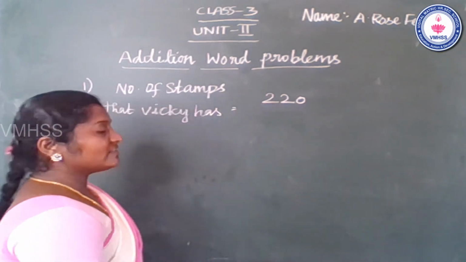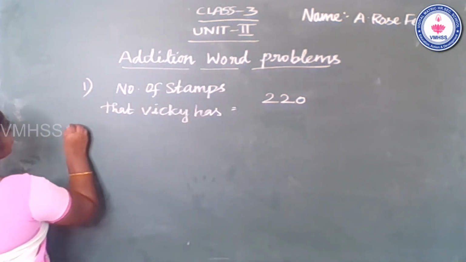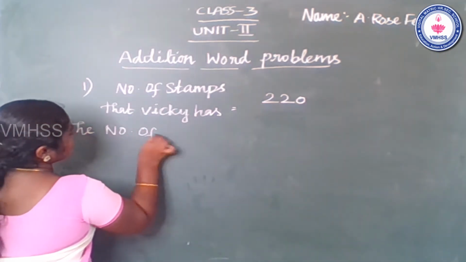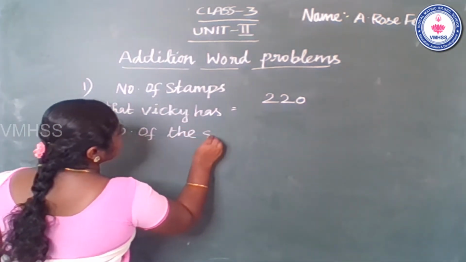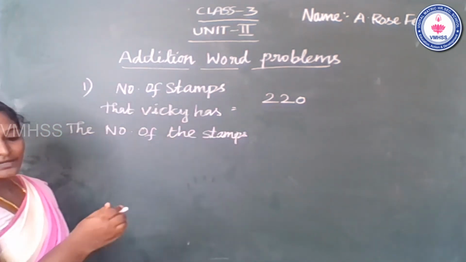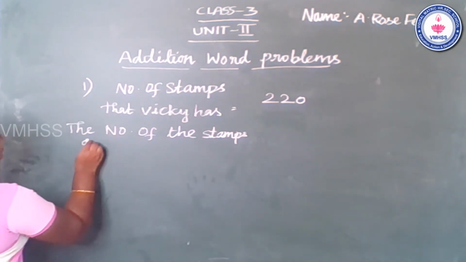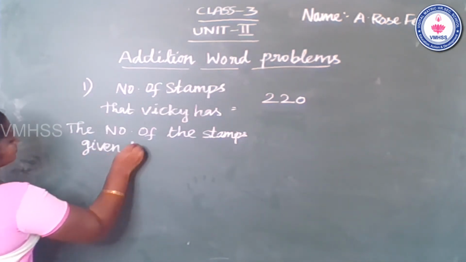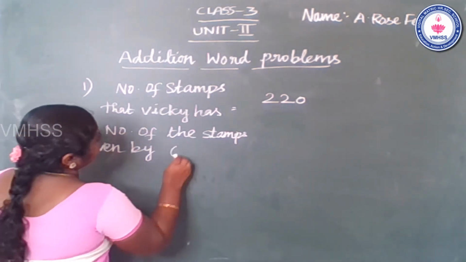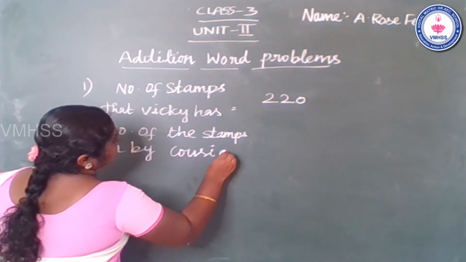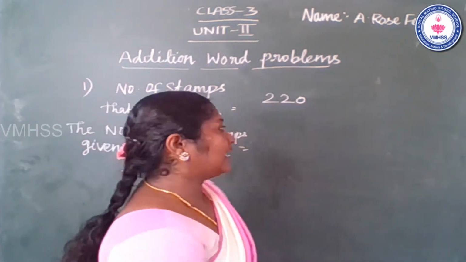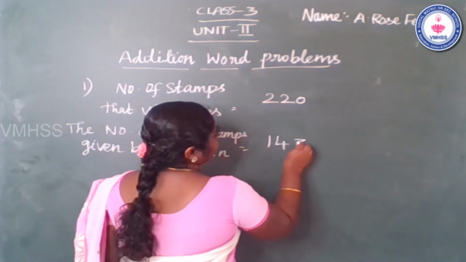So, the number of stamps given by Hasim. How many stamps? Read the second line. Very good, 143.